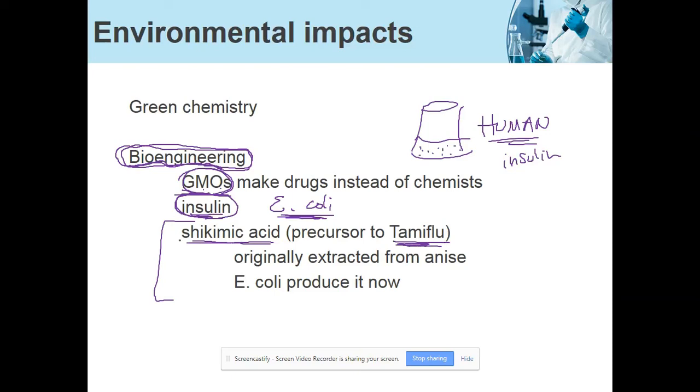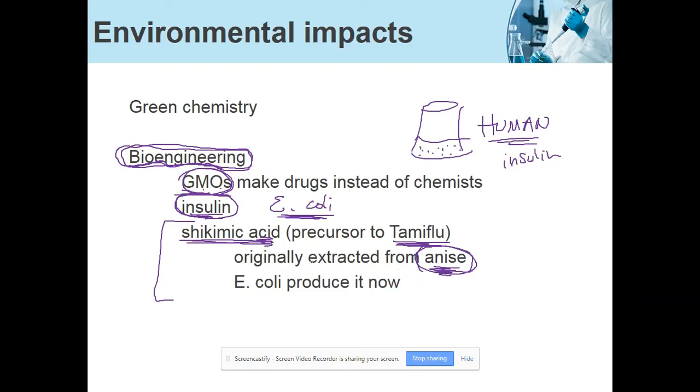We used to get shikimic acid out of anise, and so we had to use some of those nasty organic solvents to get the shikimic acid out of the anise. It was expensive. Anise is expensive to harvest. It's expensive to grow. You don't get a whole lot of the acid out of the seeds.